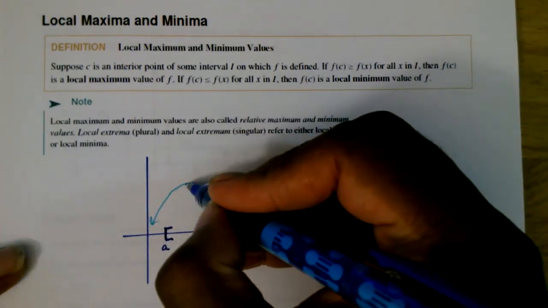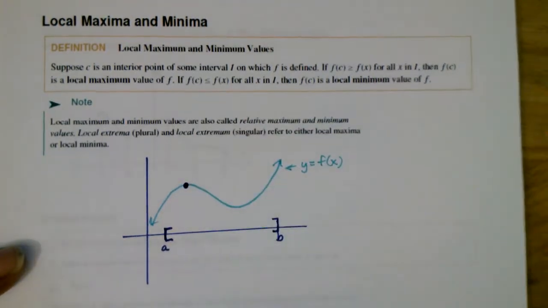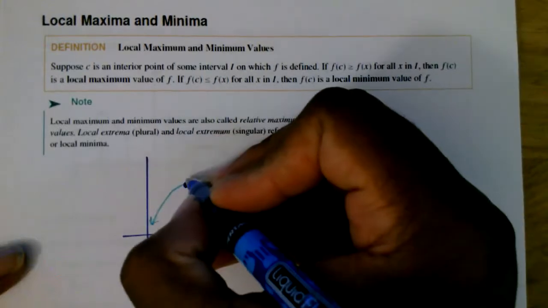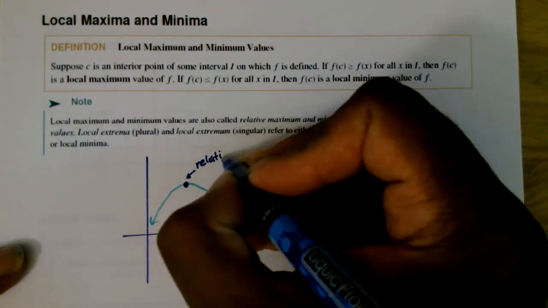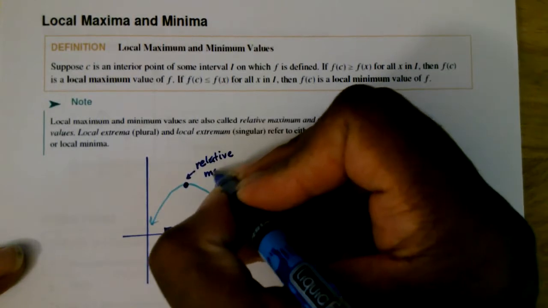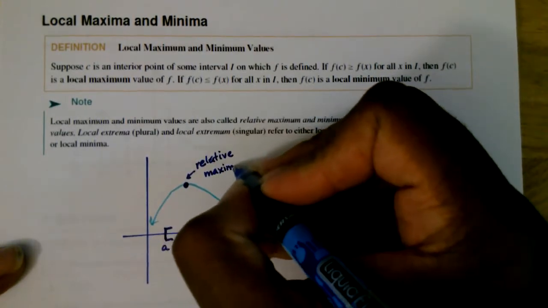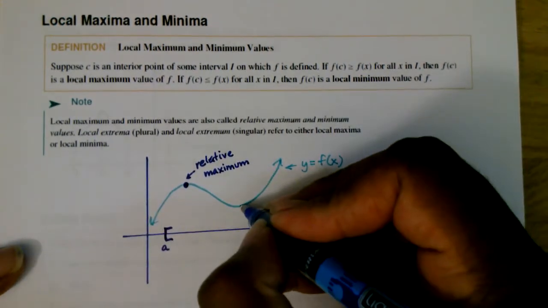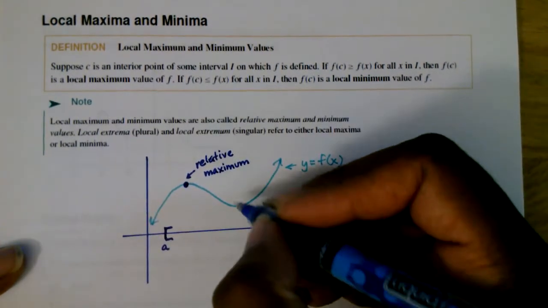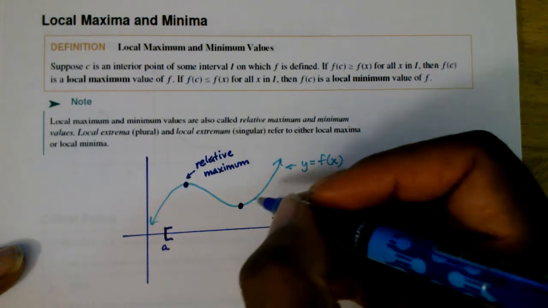So the highest point here, that would be your relative maximum. And also the lowest point right here, that's the lowest point it will ever get before it starts increasing.